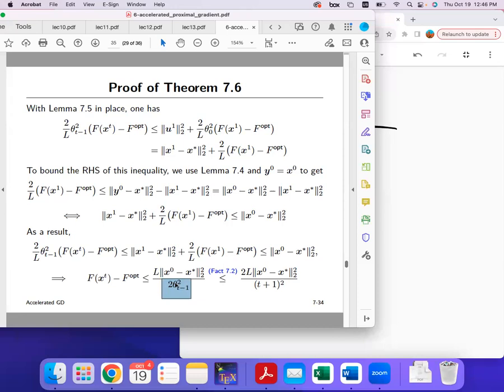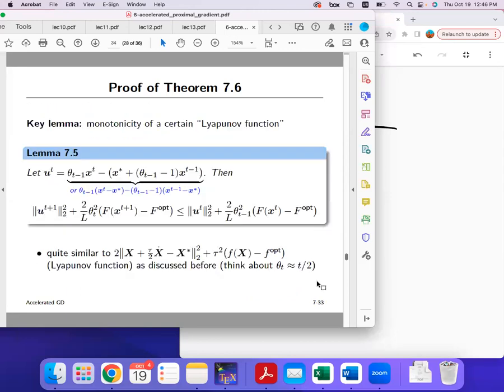Okay, so because of this theta t square, theta t minus 1 square, we can have accelerated convergence. So you see that this acceleration indeed comes from the choice of theta t. And it is based on this key lemma.